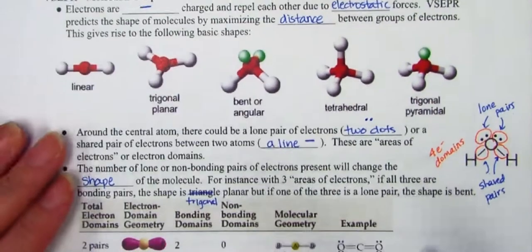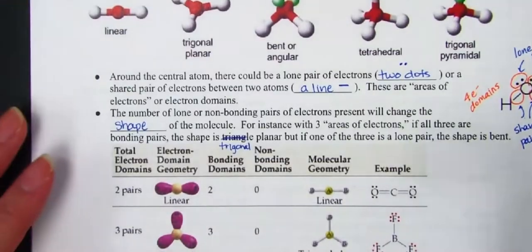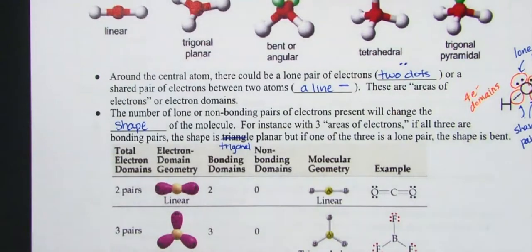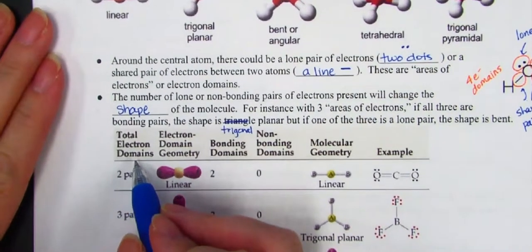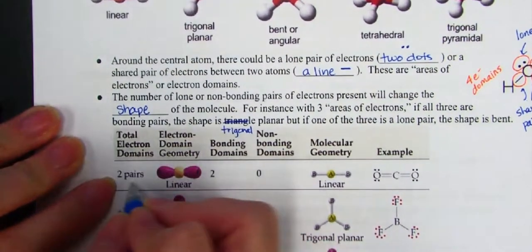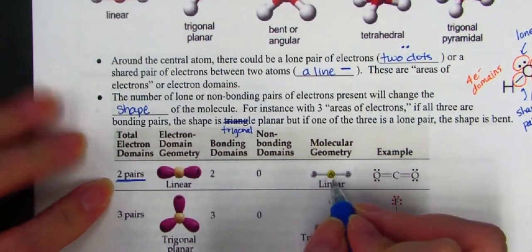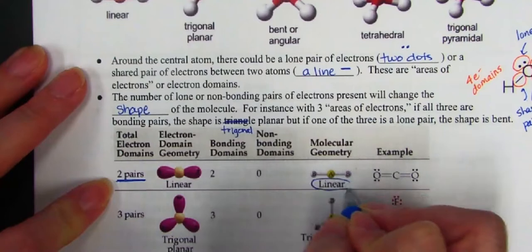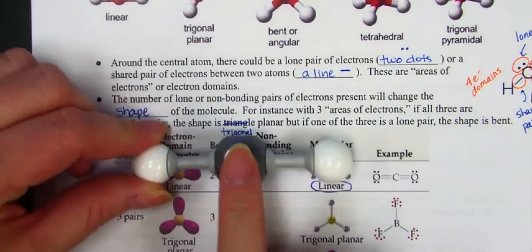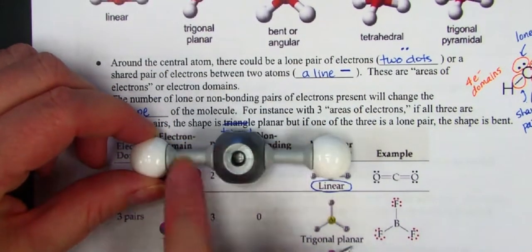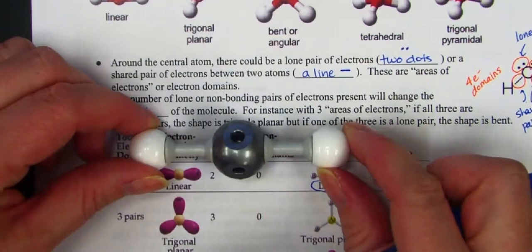The shapes that we have are going to depend upon the number of bonding atoms and the lone pairs of electrons. We start out with our electron domains, how many areas of electrons we have around us. If there are only two, then we're going to have a linear shape. Here we have this central atom and two areas of electrons around it, and we get a linear shape.